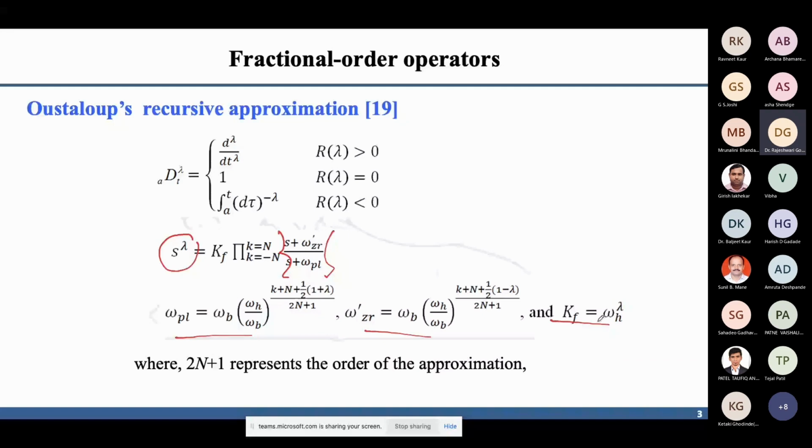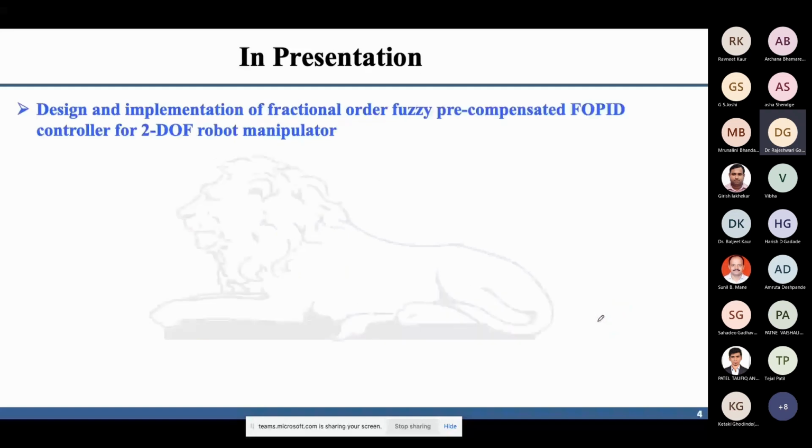Okay. So this paper was published around 2018, 2017-18. That was my second or third paper, right? So this was the design and implementation of a fractional order fuzzy pre-compensated FOPID controller. What was new in this paper? It is a fractional order enhancement with a pre-compensated controller.